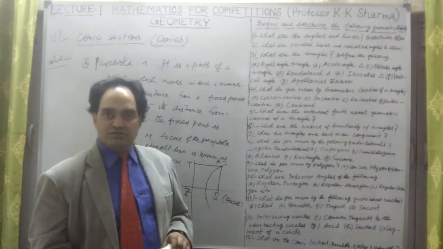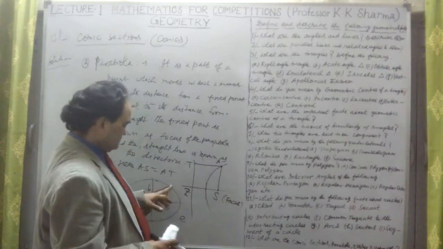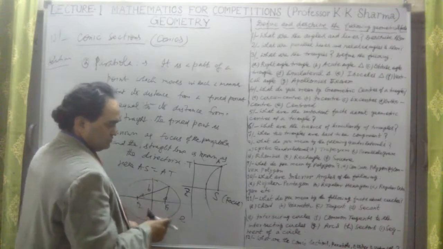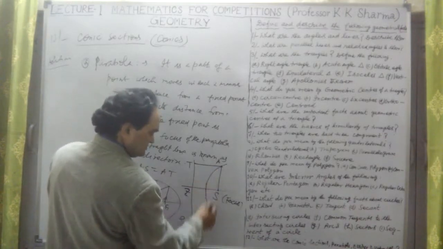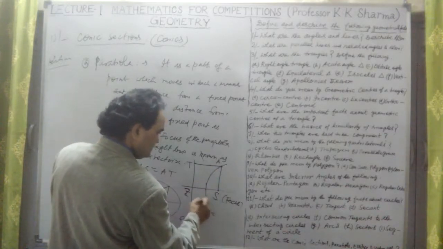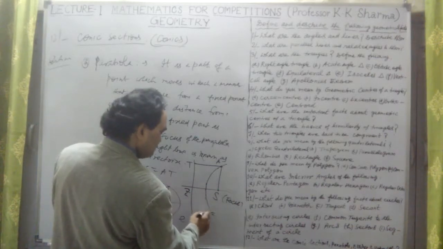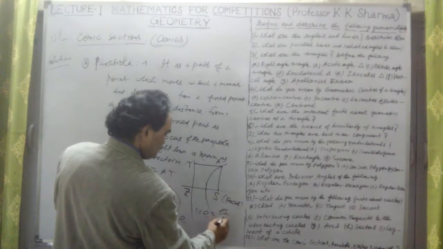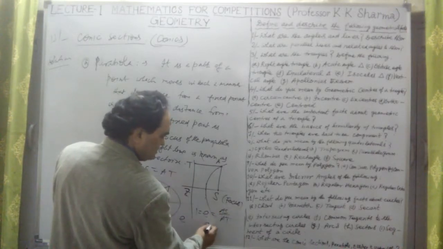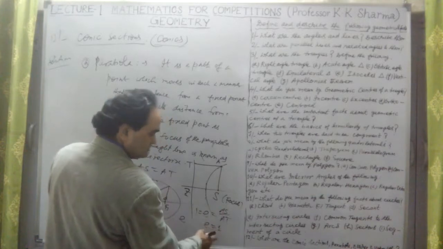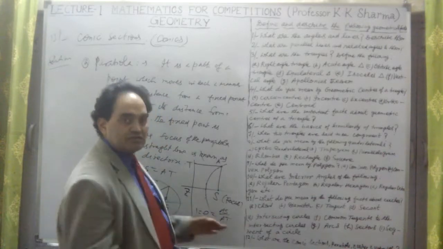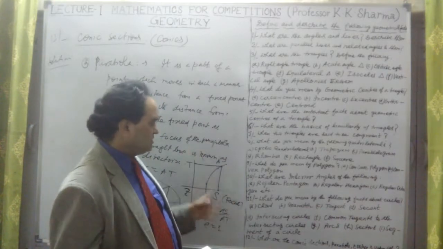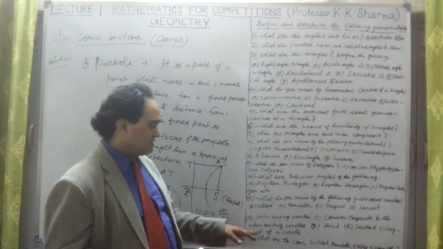What is eccentricity? It is the ratio of the distance from a fixed point and from a fixed line. E is equal to AS upon AT. If E is 1, this is known as a parabola. If E is less than 1, this is an ellipse. If E is greater than 1, hyperbola. Hyperbola and ellipse we will talk about later when I take the questions.